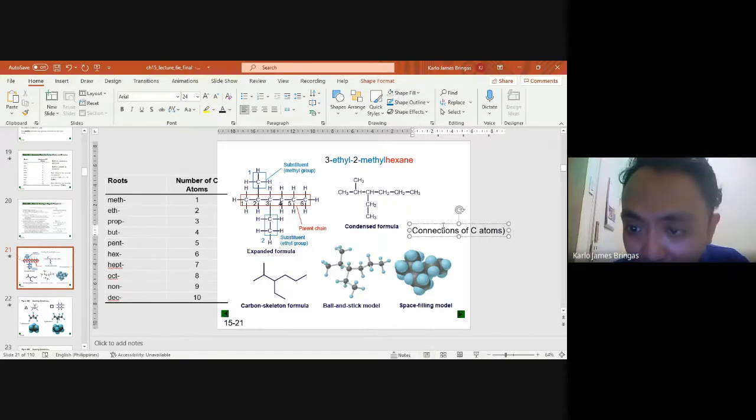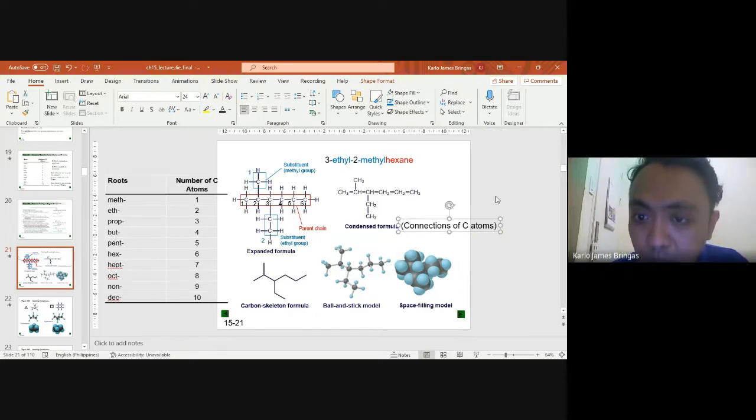That's what we can immediately see using the condensed formula. And there's an even simpler way to represent our 3-ethyl 2-methyl hexane. So instead, we can now use the carbon skeleton formula sa pinakababa.